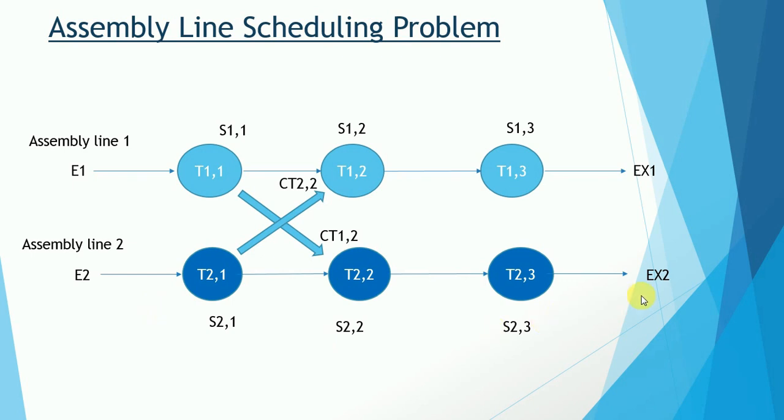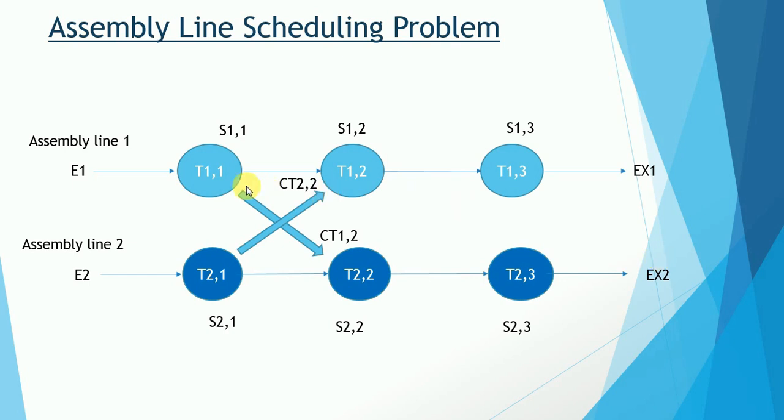Similarly, we have exit times over here. We have EX1 and EX2. So EX1 denotes the time taken by a properly made up chassis to exit assembly line 1, and EX2 is the time taken by the chassis or the car to exit assembly line 2.